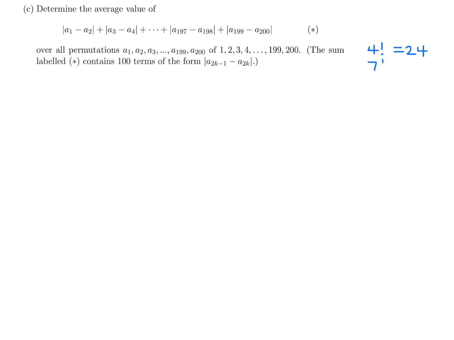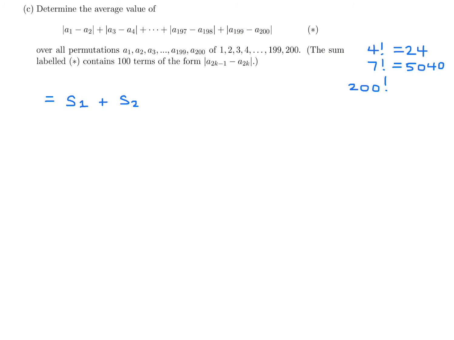In the second, part B, there were 7 factorial permutations, which was 5040. This time we got 200 factorial permutations, and I'll just leave it as 200 factorial. And then we've got this big, long expression. And just as before, instead of worrying about what they will be, I'll just call each of them a certain S.